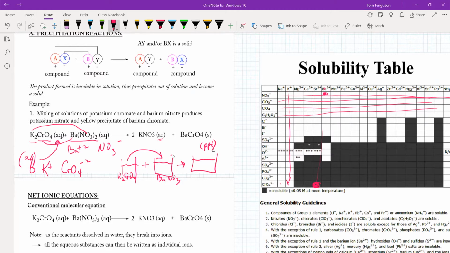We end up with barium chromate, solid, and potassium nitrate, aqueous. That means it's going to look just like water, no color, nothing. Okay.